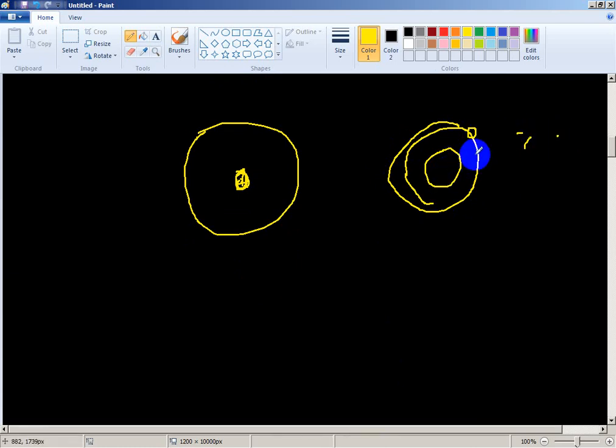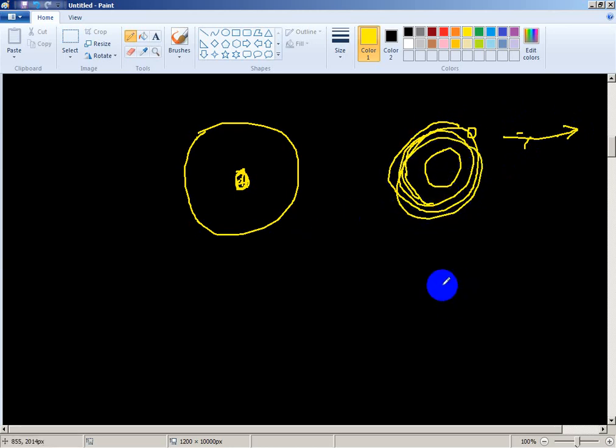There is an attraction force. What is this attraction force? It is the gravitational force. For this reason, the moon doesn't go away into outer space. It moves in an orbit.